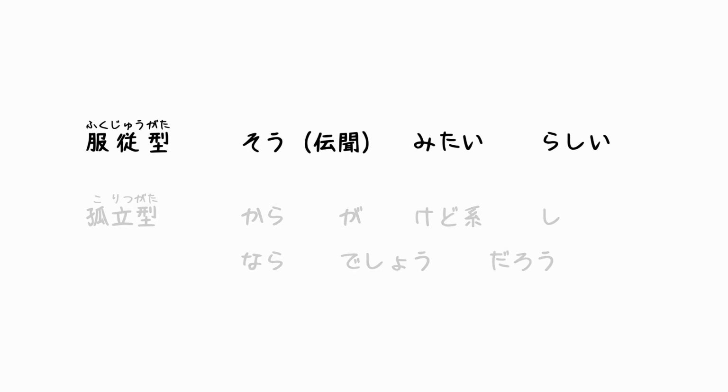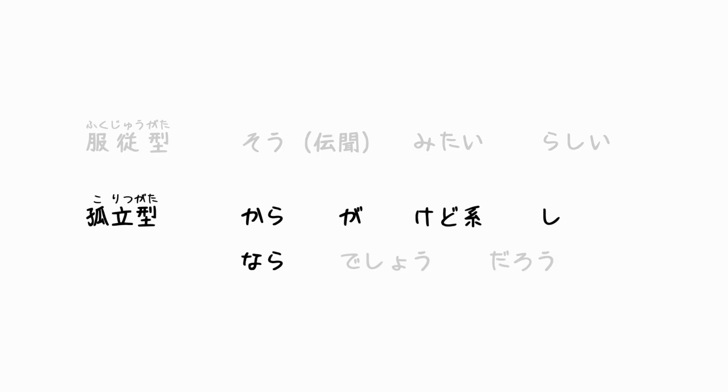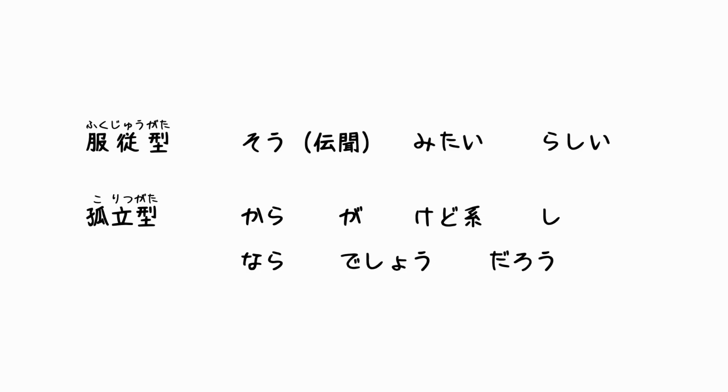The former are commonly used auxiliary verbs meaning hearsay or conjecture, while the latter, except for でしょう and だろう, are commonly used conjunctive particles. Therefore, mastering their pitch accents is very important.